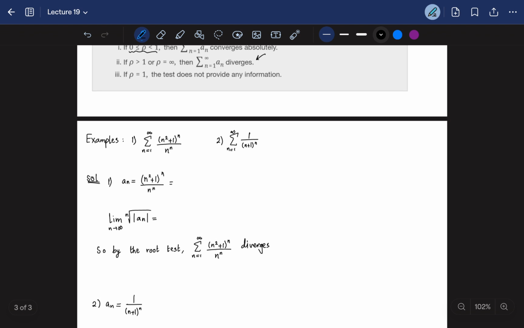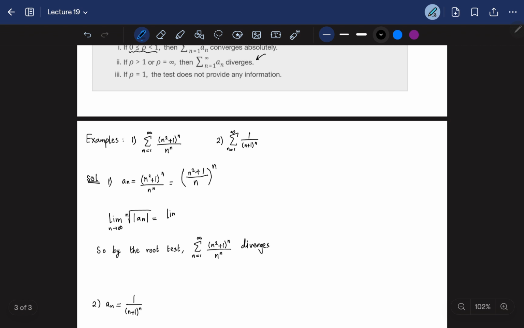If I have the summation of n squared plus 1 to the n over n to the n, this is my a_n. Now we can rewrite this as n squared plus 1 over n all to the n.